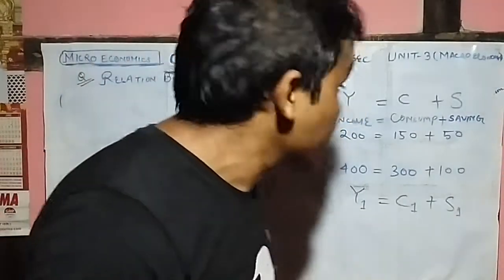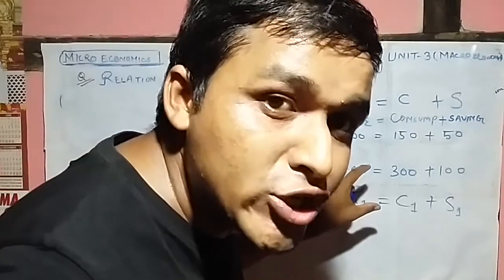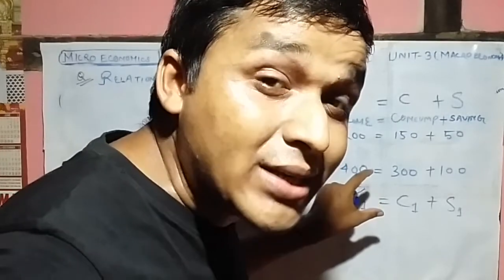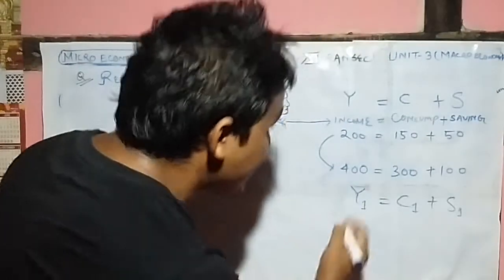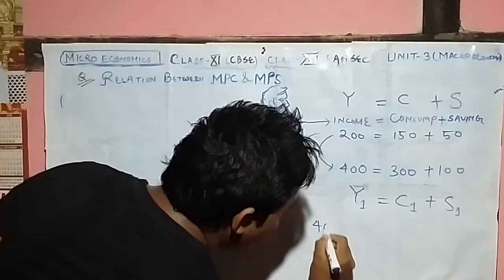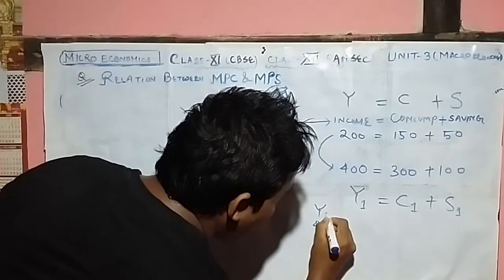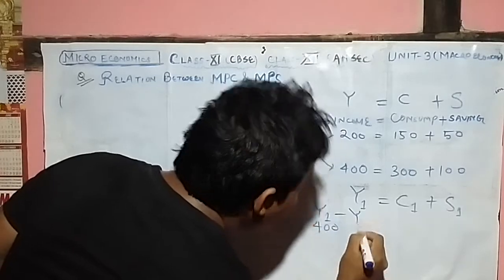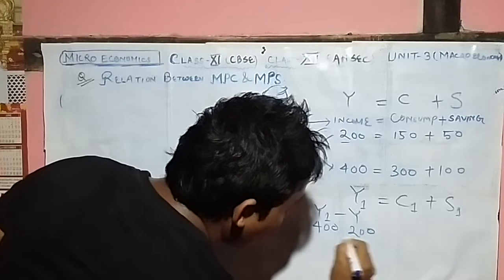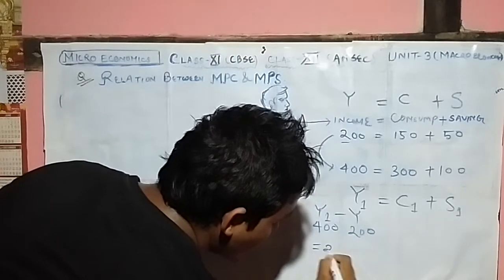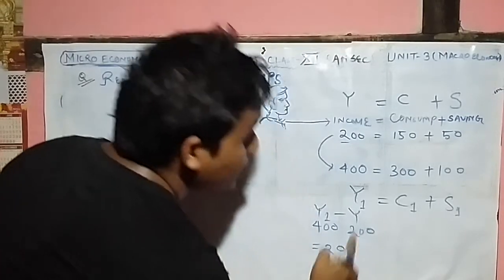Now students, let us find the difference between the initial income and the new income. The new income Y1 is 400 and the initial income Y is 200. So 400 minus 200 equals 200.